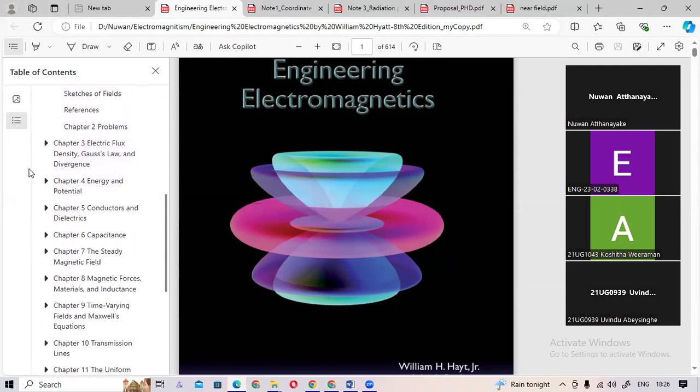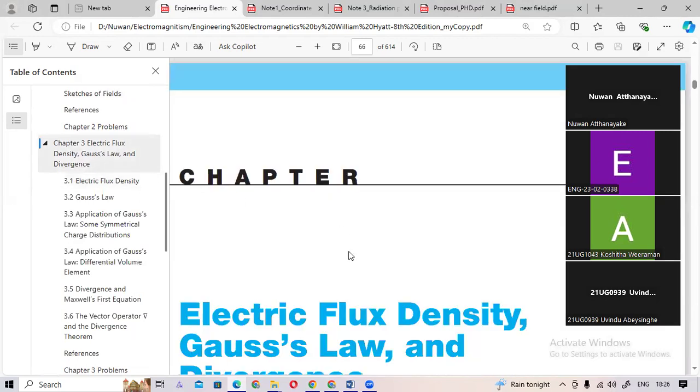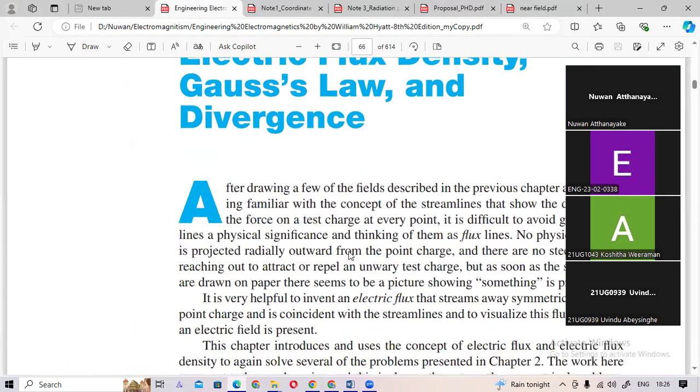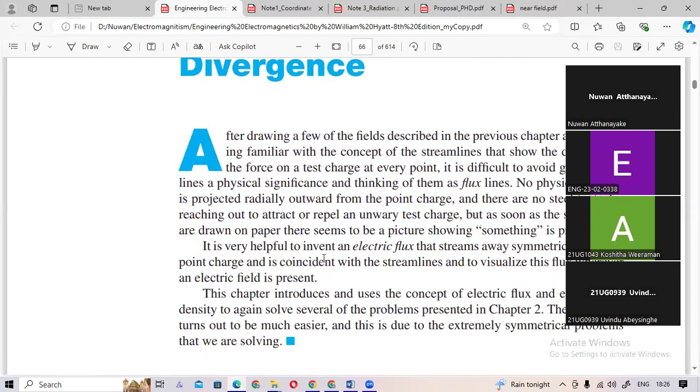Now I think we can move to chapter 3. It is based on Gauss's law. If I tell you very briefly, this Gauss's law is related with the magnetic flux.